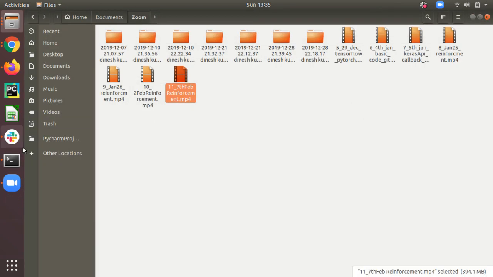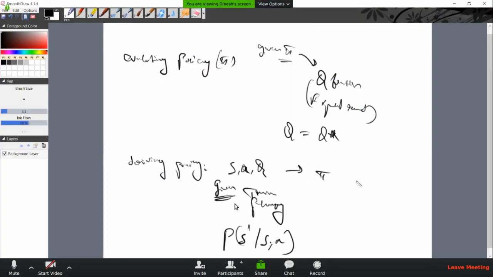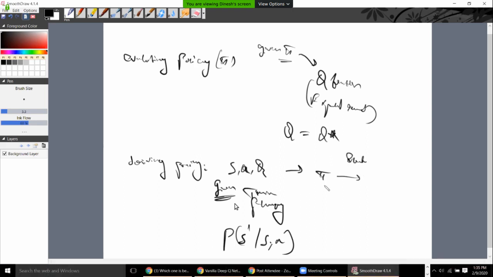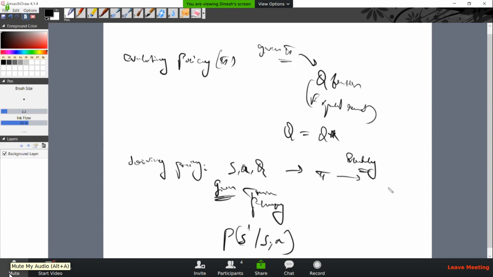Given all this, we have to find a policy using some algorithm iteratively, in such a way that the policy converges and finally you get an optimal policy. Again, there are some sets of algorithms for doing that. So these are the two differences: one is policy evaluation, and the other is deriving the policy from scratch.